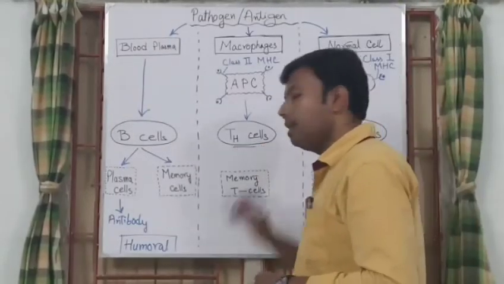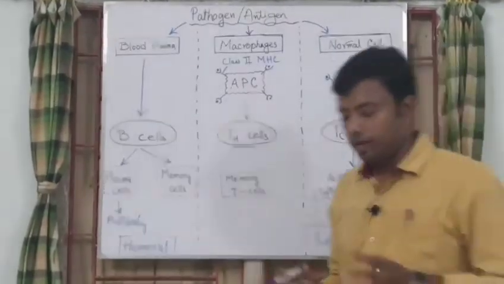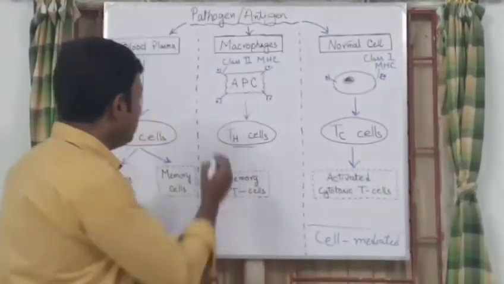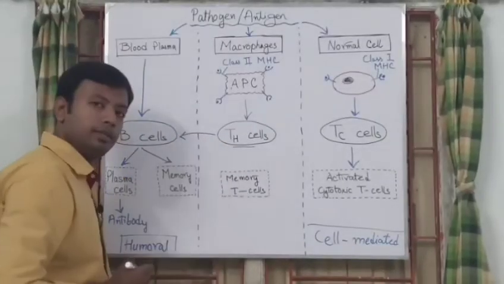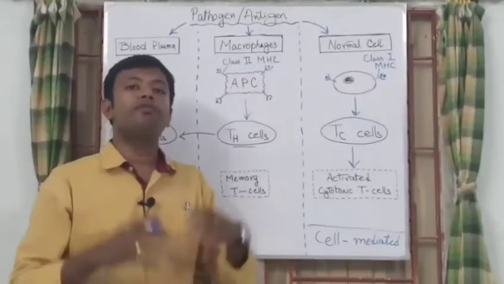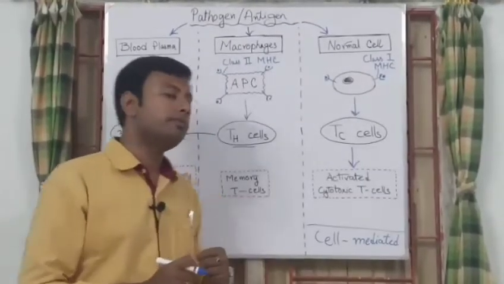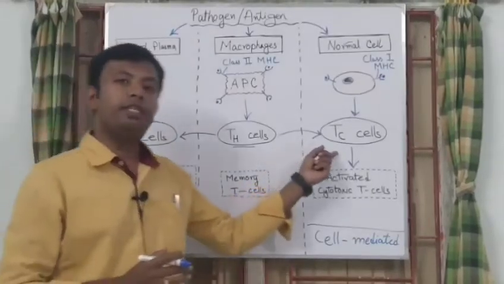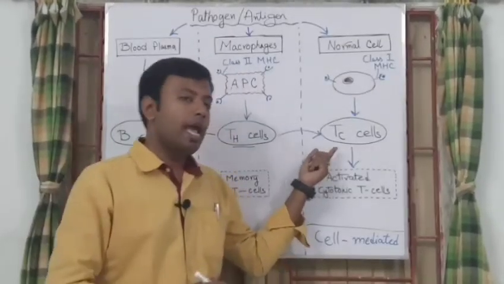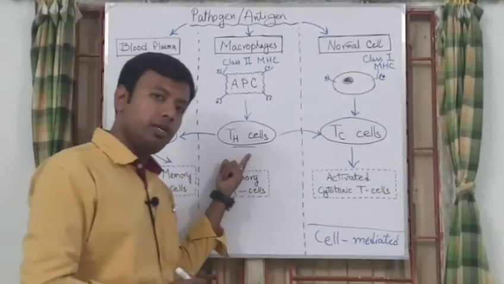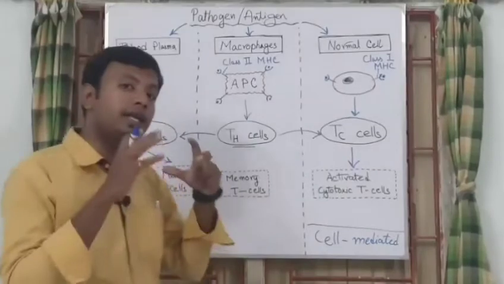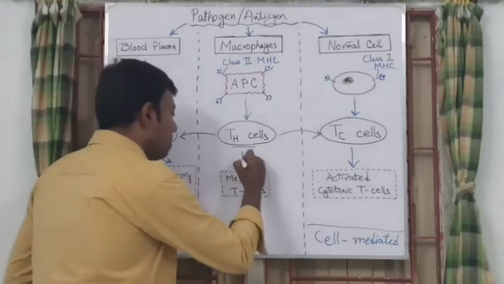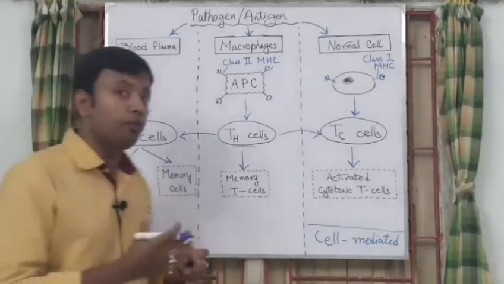Now this helper T cell is very important in many respects. It can perform several activities inside our body. It may activate several B cells and thus help in the production of a huge quantity of antibody in the blood plasma. T helper cell can also stimulate the activity of TC cells, that is cytotoxic T cells, and bring them to the vicinity of the infection so that cytotoxic cells can directly kill the infected cells, and Th cell can also produce memory cells which are going to be helpful in the future.